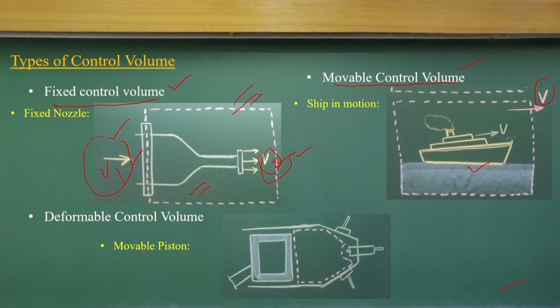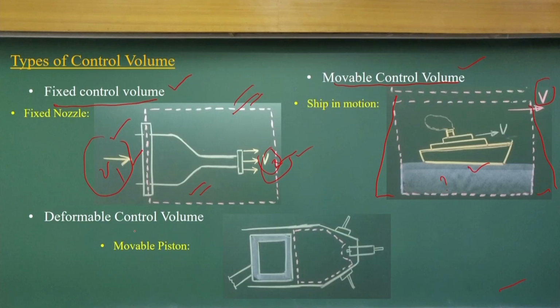We simply follow a movable control volume, which moves with velocity v, and you try to find out the velocity distribution at the relative level, because the control volume is moving. So, you have to use relative velocity components to find the velocity field. The same concept is used.